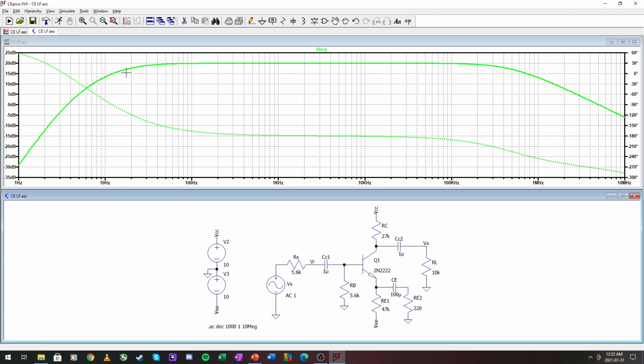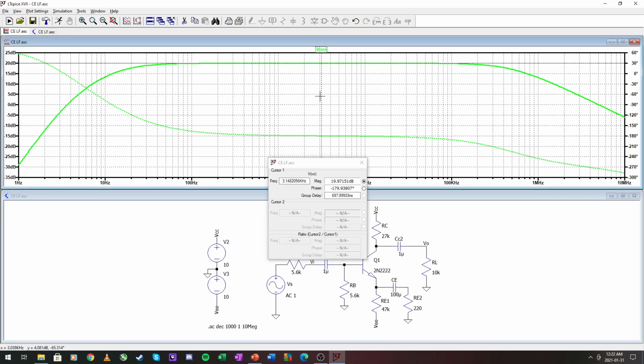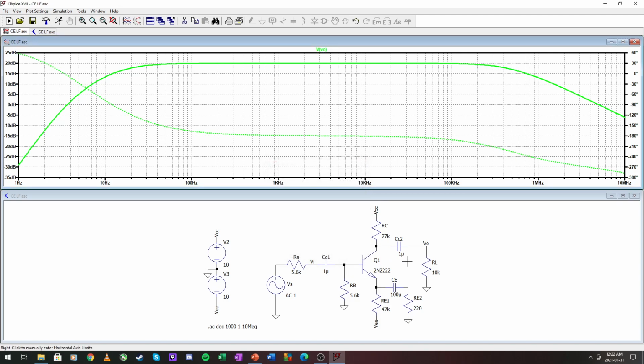If you run this, look how this bandwidth increases, and just with that, our lower frequency is at 17.36 hertz. So if you want almost all the frequencies to pass, just make these capacitors as large as possible.